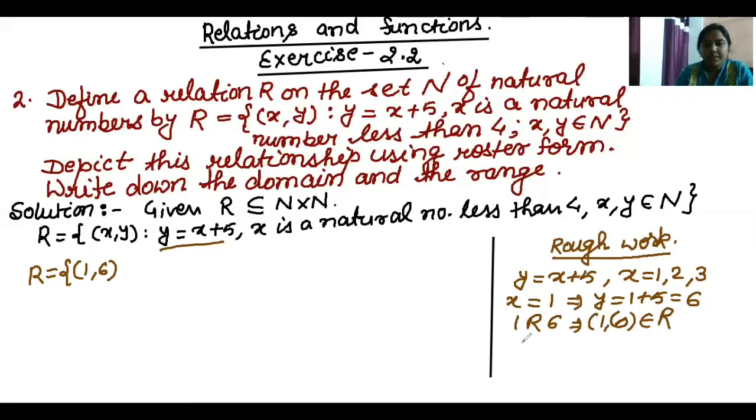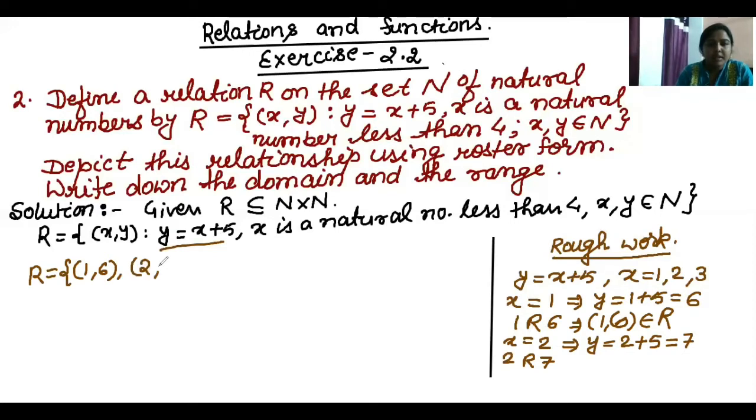Now we will apply x equals 2. So y equals 2 plus 5, so this is here 7. So we'll write here 2 is related to 7. Both are natural numbers.